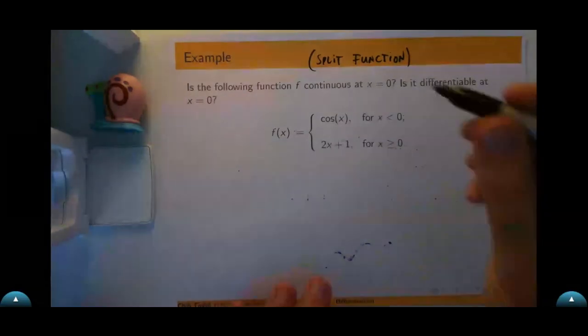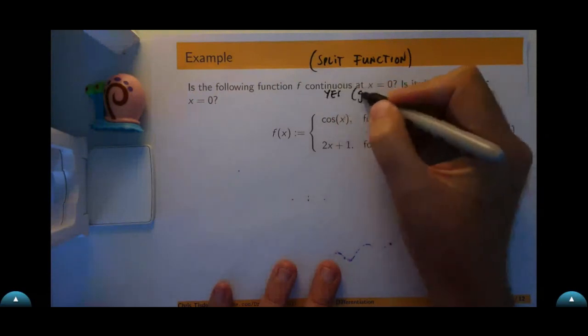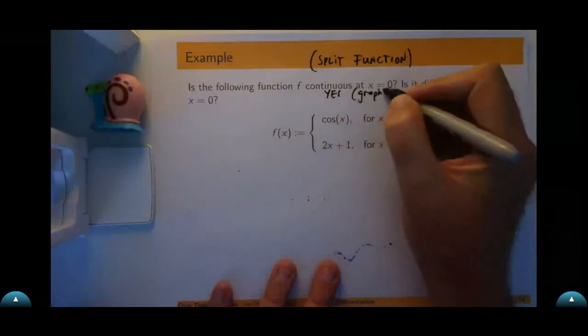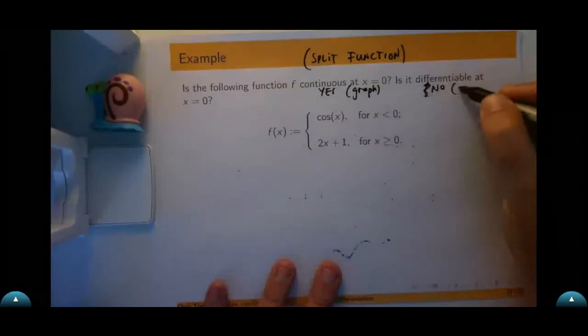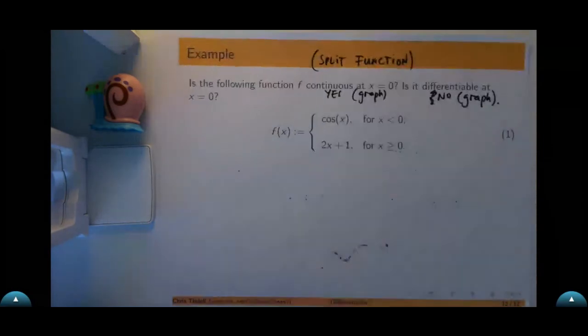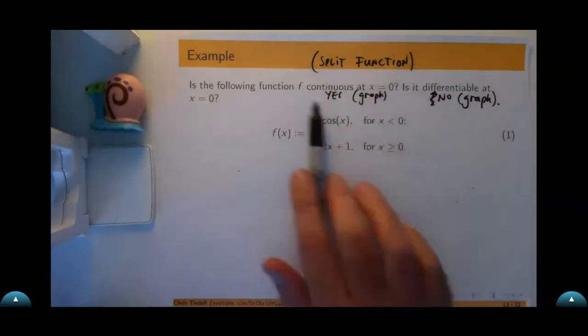Okay, so let's summarize that in our solution. Yes, from the graph. No, again, from the graph. But what happens if we really wanted to use calculus here and solve it properly? The first thing we want to do is work out the limit.